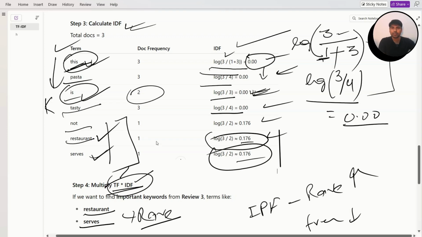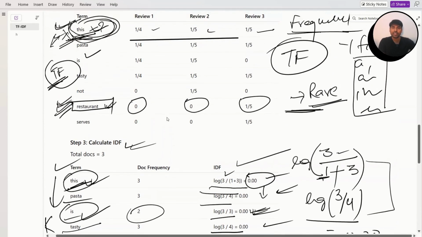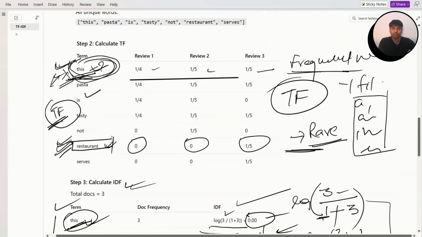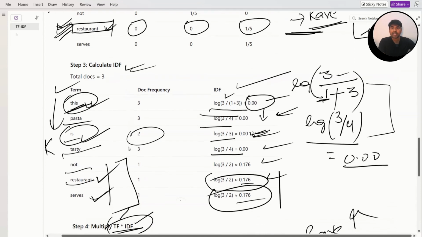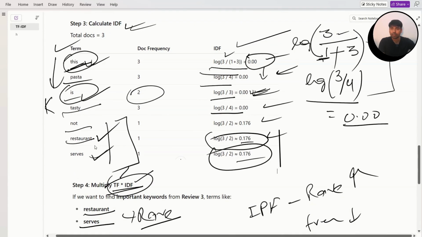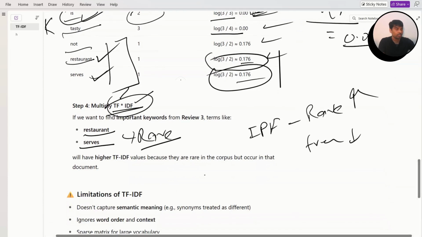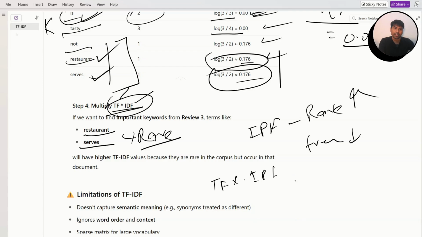So the problem is that in case of TF alone, because these are rare words, their weightage is less, but IDF is giving more value for those rare words. If you multiply both TF and IDF together, the value will be higher for rare words, and for stop words like is, a, and, that, it will be lesser.